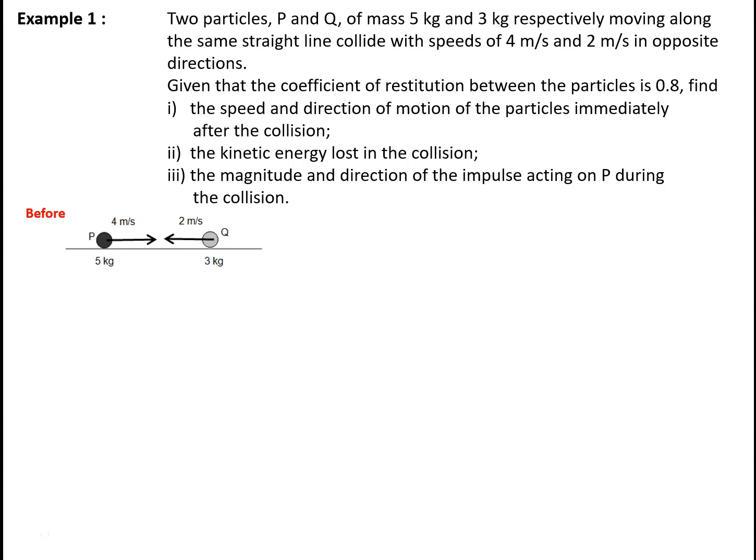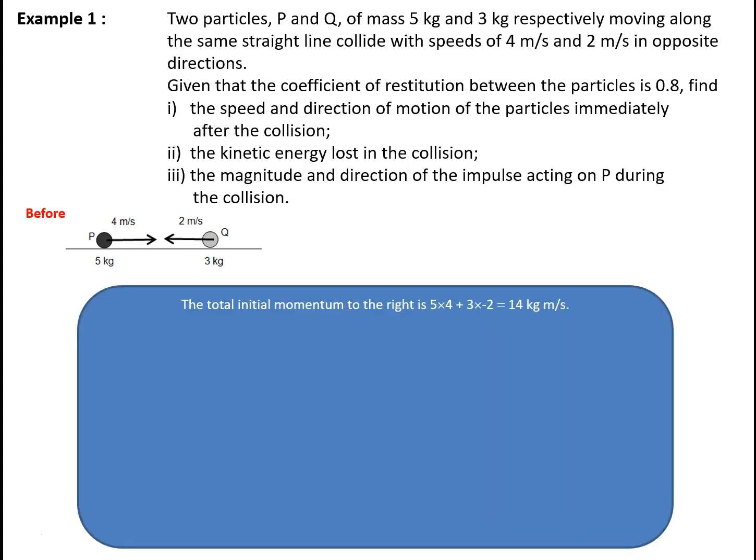If we look at the before diagram, we can see that we've got a total momentum to the right of 5 times 4 plus 3 times minus 2, in other words, a total momentum of 14 kilogram meters per second. The fact that this is positive means that at least one of the particles must be moving to the right.